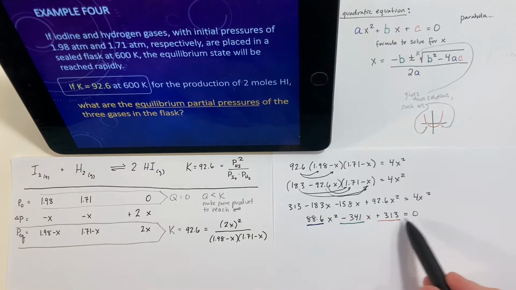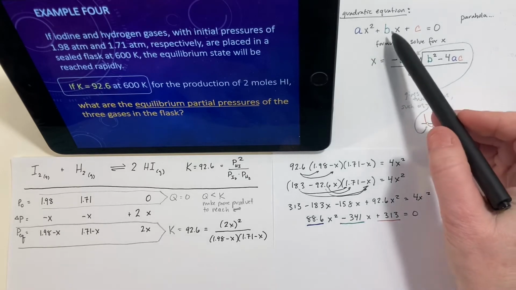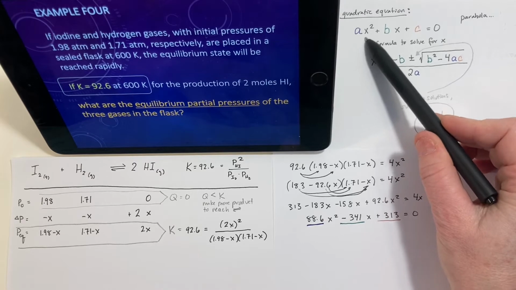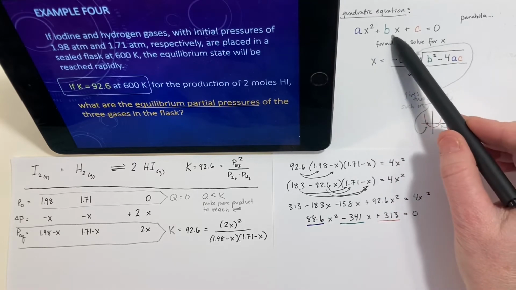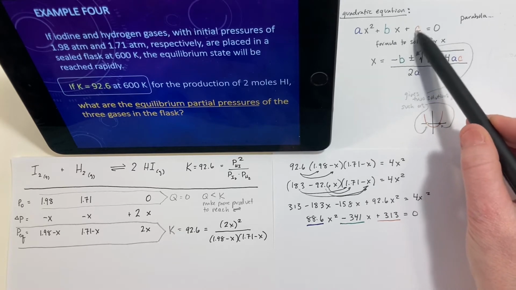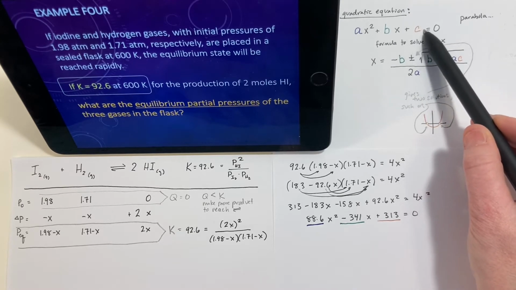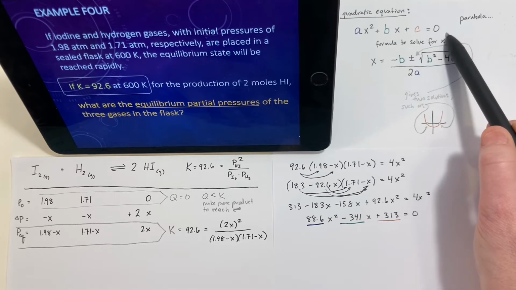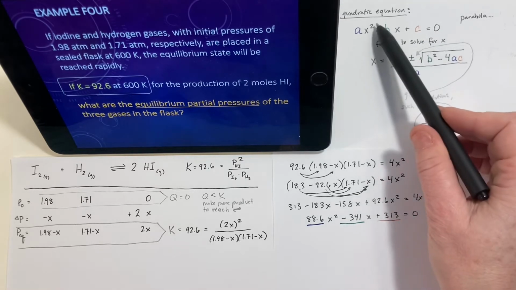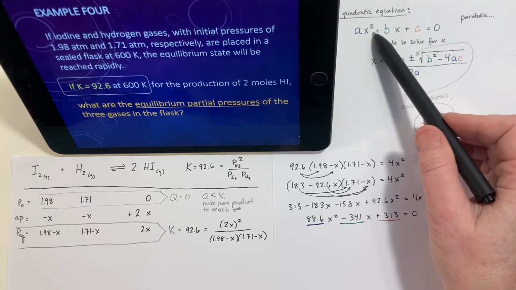I have x squared. This is a polynomial. This is also called a quadratic equation. It's in the form of some constant times x squared, plus a constant times x, plus a c, which is like x to the 0, equal to 0. So that's a parabola, and it's quadratic, meaning it has an x squared term.